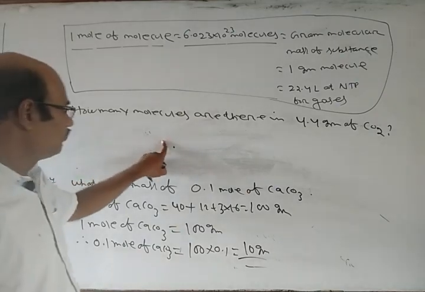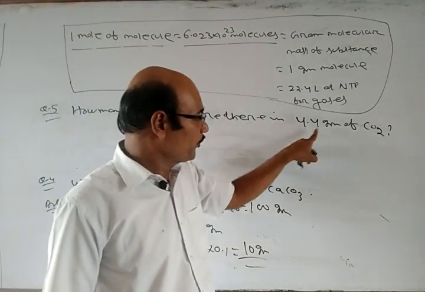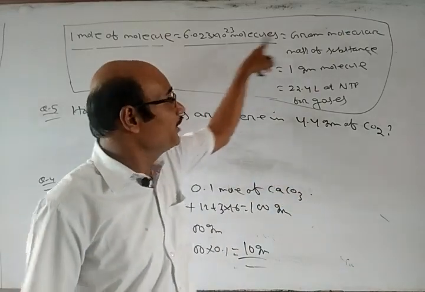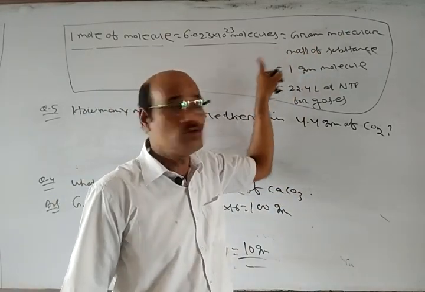How many molecules are there in 4.4 gram of carbon dioxide? Here molecule into mass is asked.